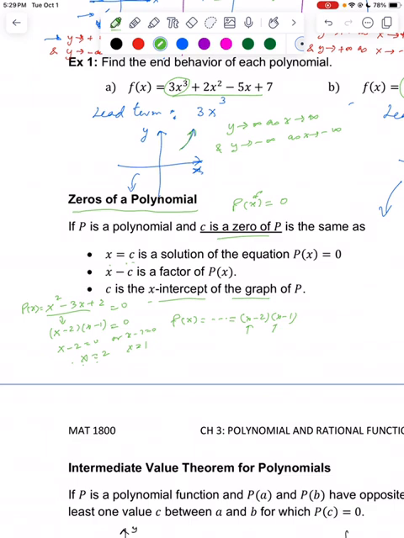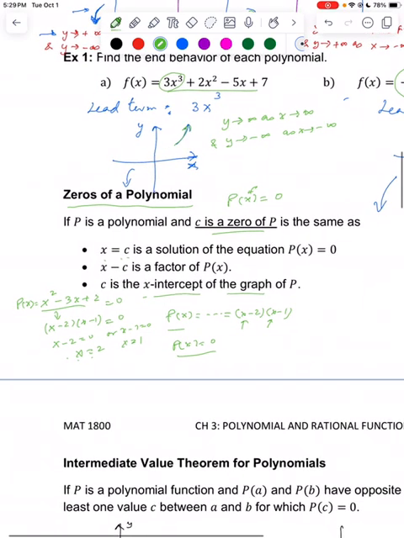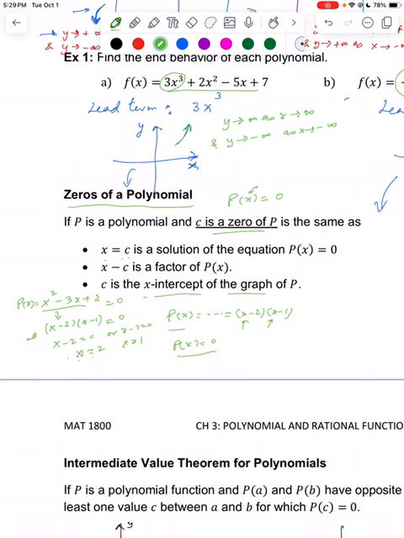So those are the solutions of this equation. And we can also say, because remember in factored form that expression looked like x minus 2 times x minus 1, that x minus 2 is a factor of the polynomial and x minus 1 is also a factor of the polynomial.